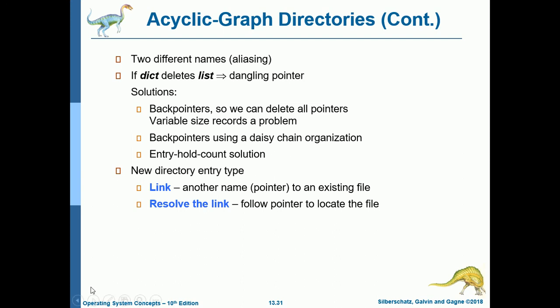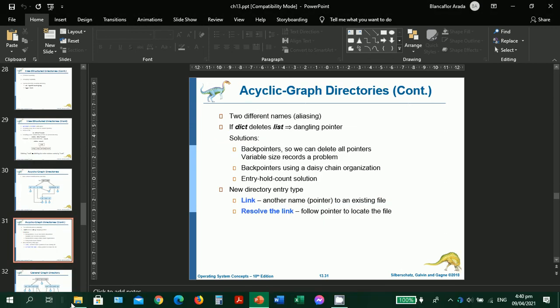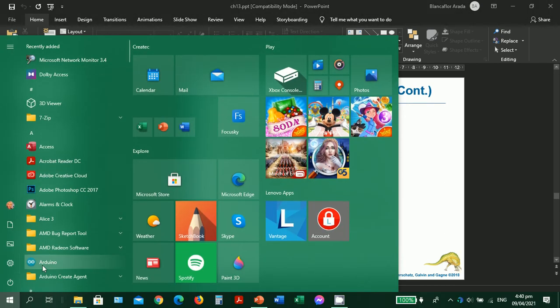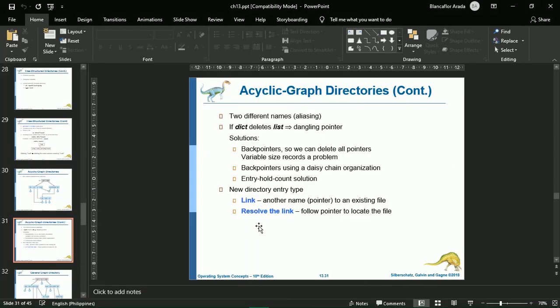For example, you notice that your shortcut becomes a blank file, meaning the target directory or target application is not correct. Actually, you can change the location so that it can be corrected. That is the solution for this one, so that is resolving the link: follow the pointer to locate the file. You can change the target directory for those shortcut links.